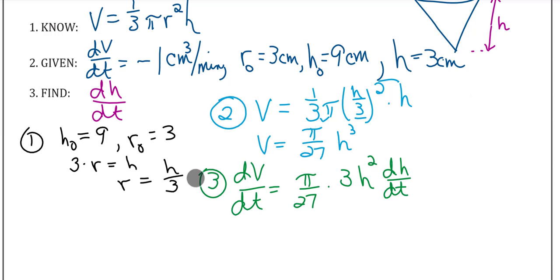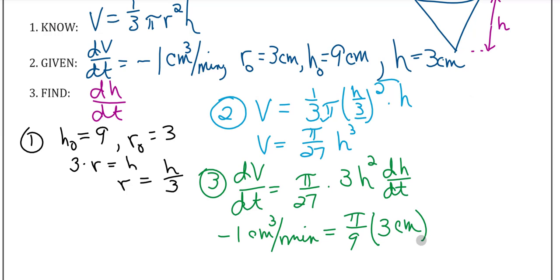I guess I can call this step 3. So I have -1 cubic centimeters per minute is my change in volume, is going to equal pi over 9, if I simplify that, times, and we want to know when h is 3 centimeters. And we're squaring that. And then we have our dh dt.